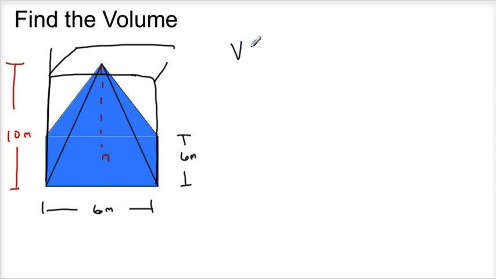You're still going to follow the same type of formula: length times width times height. But this pyramid has a relationship with this prism. Anybody know what it is? It's only a piece of it, right? It almost looks like it's part of it, but it's only a piece of this.